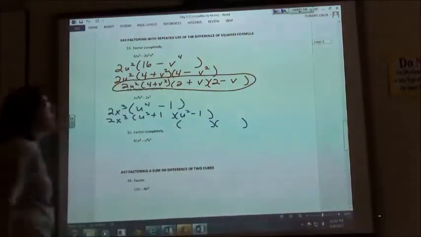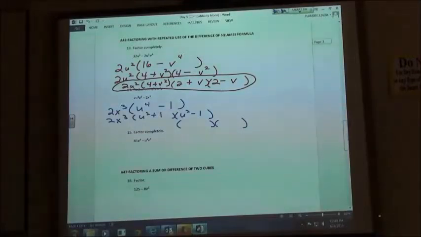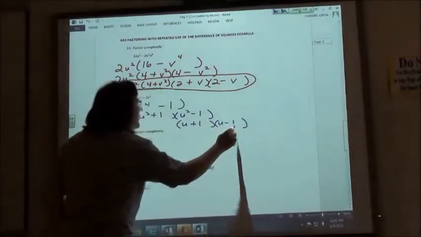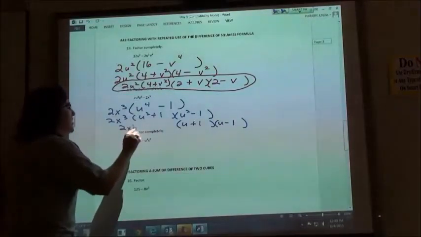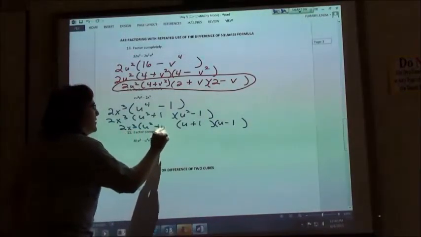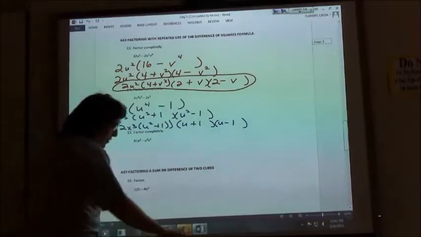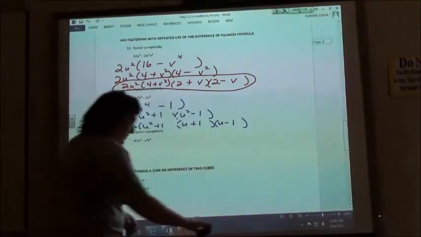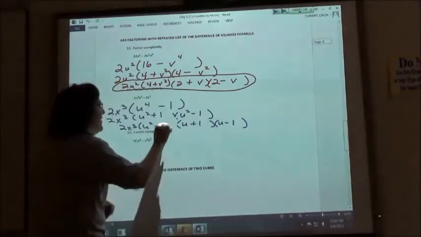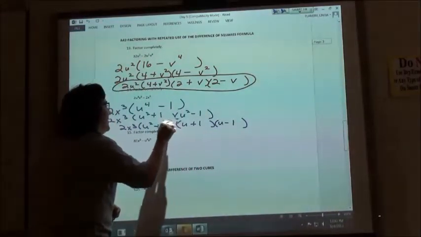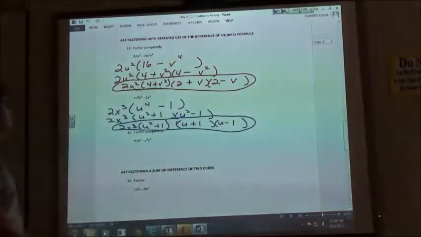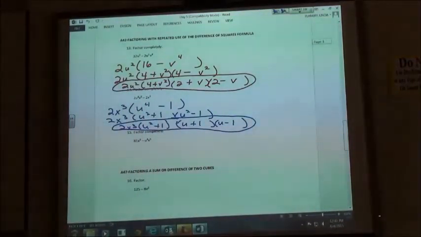So u squared minus 1 factors into u plus 1 and u minus 1. So we get 2x cubed times u squared plus 1 times u plus 1 and u minus 1.